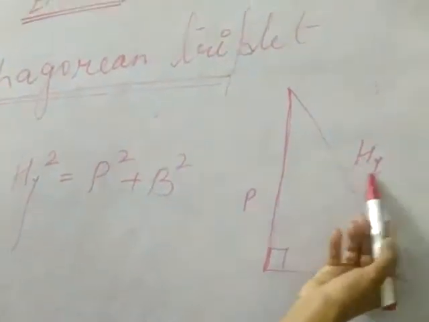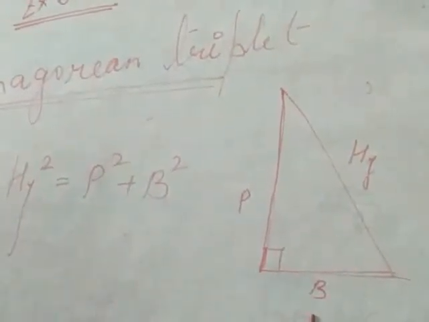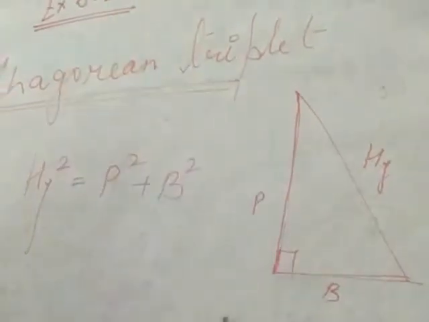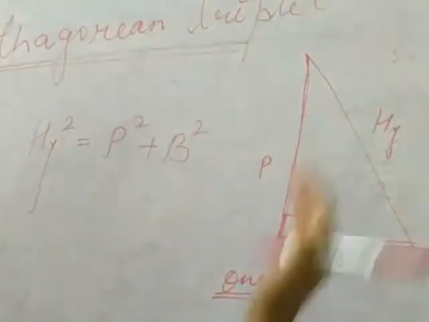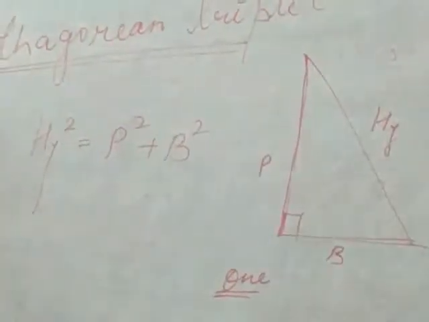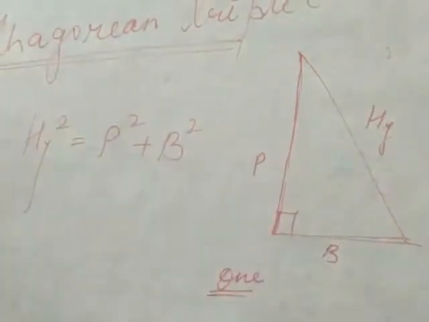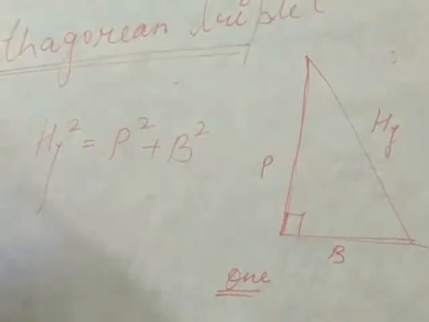If hypotenuse and perpendicular are given, then you could calculate the base. But if only one is given, either perpendicular or base or hypotenuse, then what about the other two? How to find out the other two? We'll be teaching you that in this Pythagorean triplet.